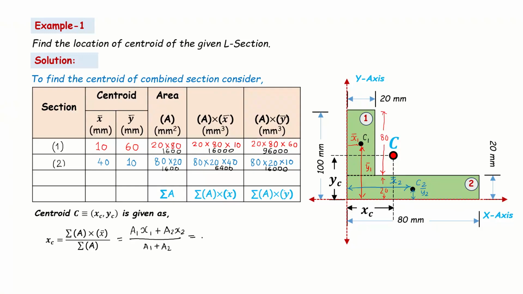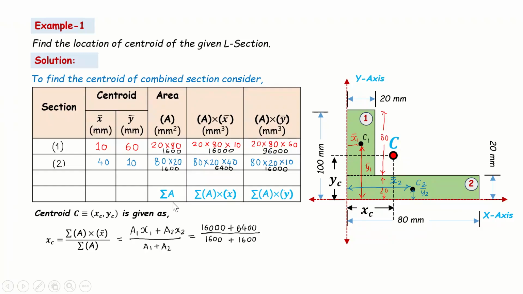If I put in the corresponding values, this is a1 x1 and this is a2 x2. So it is 16,000 plus 6,400 divided by a1 plus a2. Here a1 is 1600 and a2 is 1600.